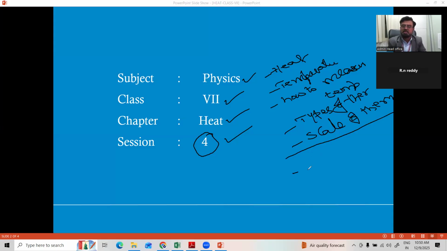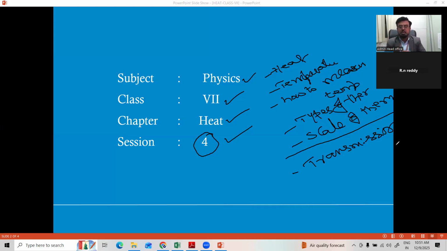Now, in the last class, we discussed the transmission of heat. Very important. How heat travels from one place to another. We already discussed that heat always flows from a hot body to a cold body, or from a high temperature body to a low temperature body, no doubt, right?